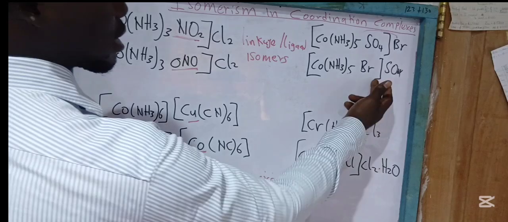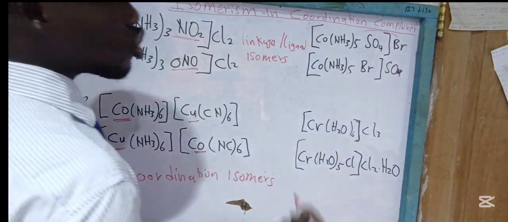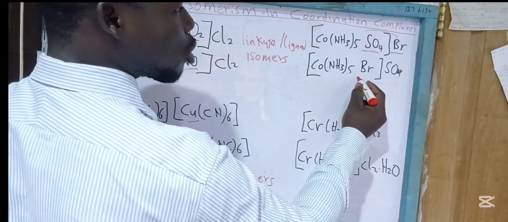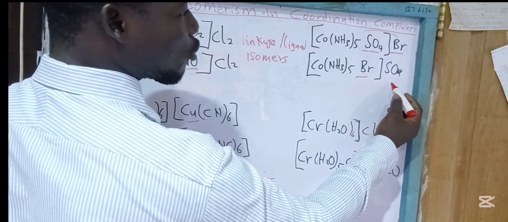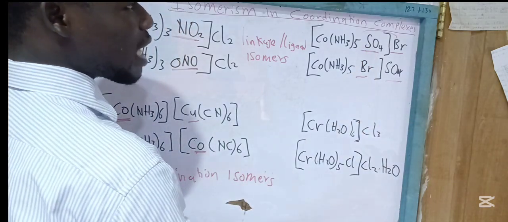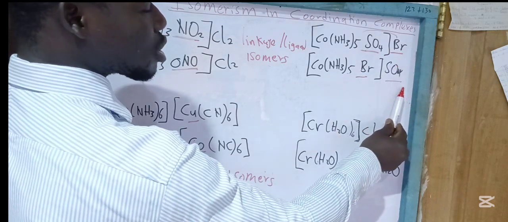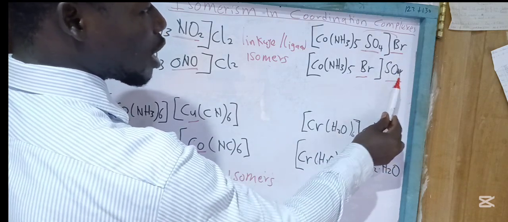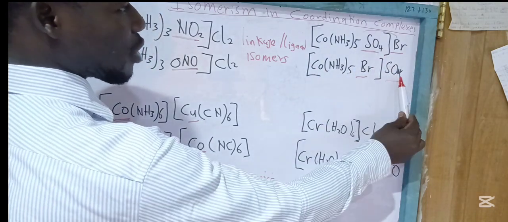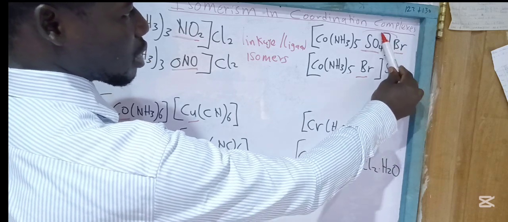Let's look at this. For this one, what are you seeing? You could see that we have sulfate inside and bromine outside here, bromine inside and sulfate outside here. So you could see that SO4 and bromine have exchanged their positions. So we have a counter ion and a ligand exchanging their positions. What is outside the coordination sphere is called a counter ion, as far as it is outside the square bracket.